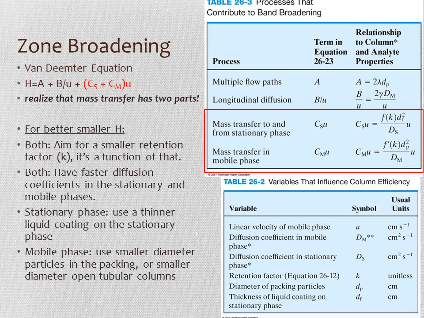With respect to the stationary phase, if you have a thinner liquid coating, it'll take less time for the analyte to get to the interface of stationary and mobile phase, and so you'll have a smaller plate height. And for mobile phase, having smaller diameter particles, or smaller diameter tubes for open tubular, will also decrease the amount of time it takes to get to that interface.